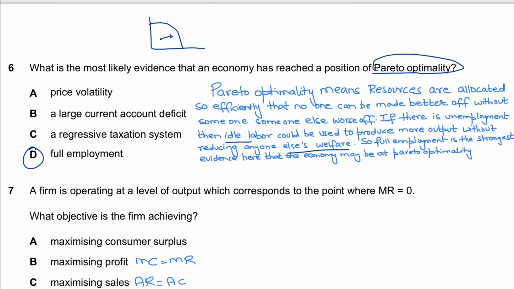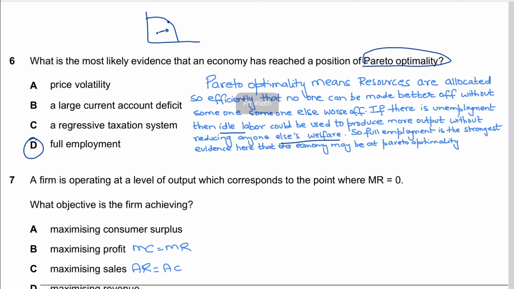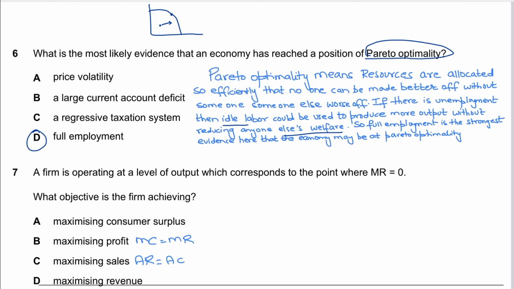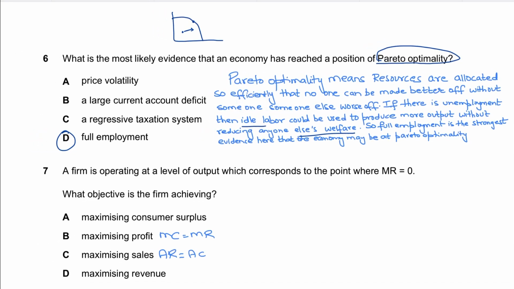And that is why, when you are on the PPC curve, when full employment is reached, full employment is often seen as evidence that the economy has reached Pareto optimality, since there are no idle labor resources left that could be used to make society better off, right? So got it. That's why the answer to question number 6 has to be D for David.